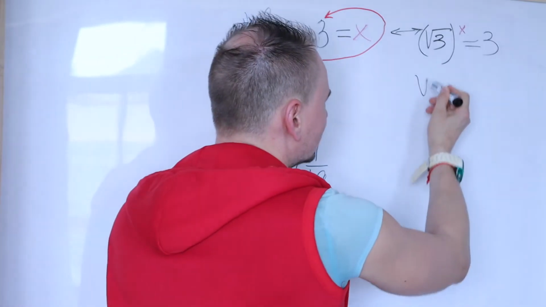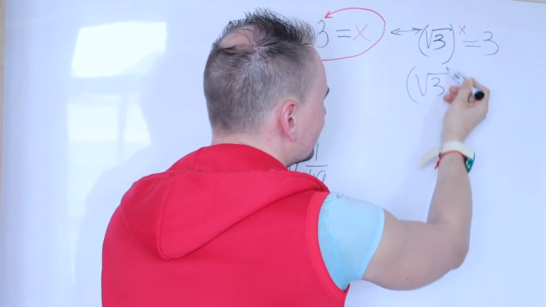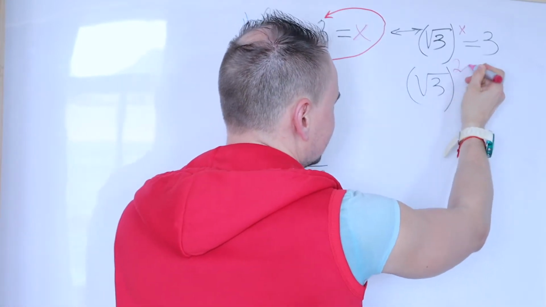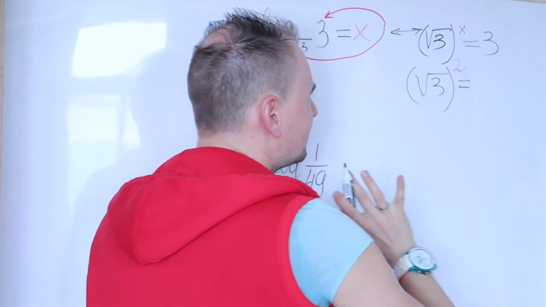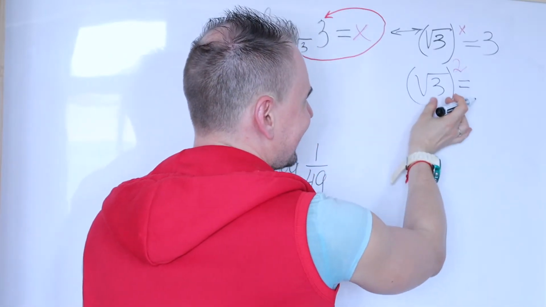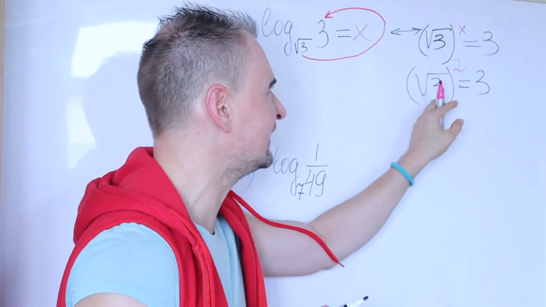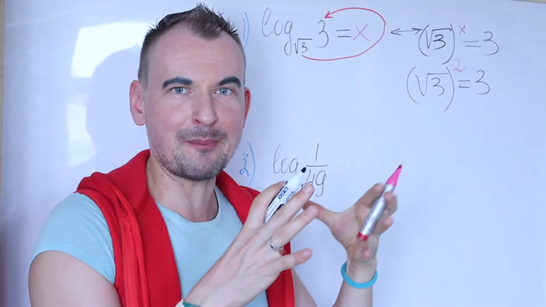So whatever you have underneath your root, if you square it, you would end up with the same number, whatever you have underneath. And all you need to do is match up, compare.